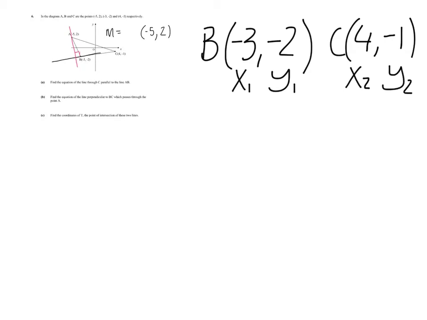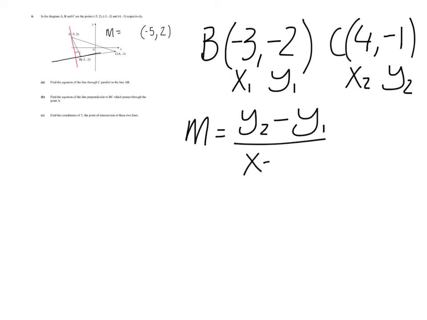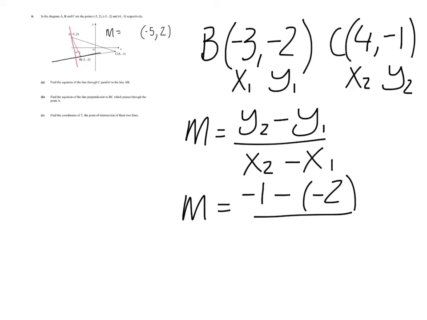So to work out the gradient of that line, use the gradient formula. M equals y2 minus y1 over x2 minus x1. Substituting in our values, y2 is -1, take away y1, let's take away -2, over x2, which is 4, take away x1, so let's take away -3.